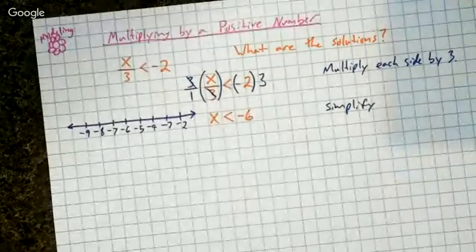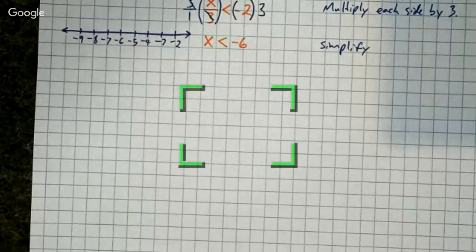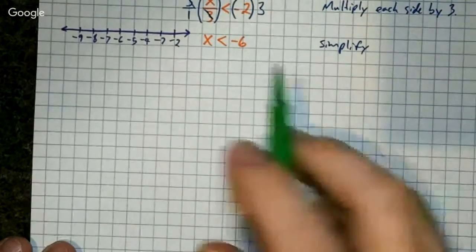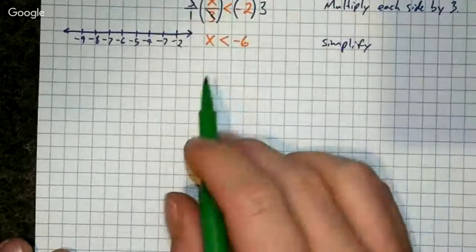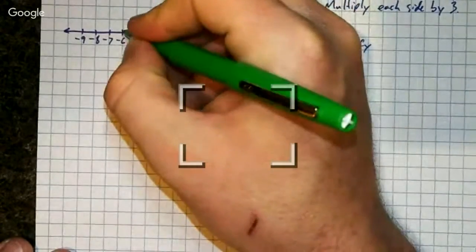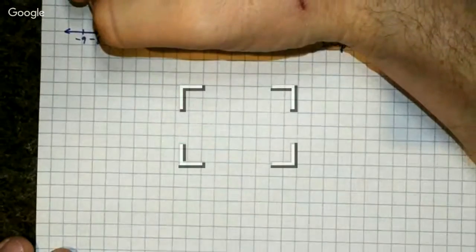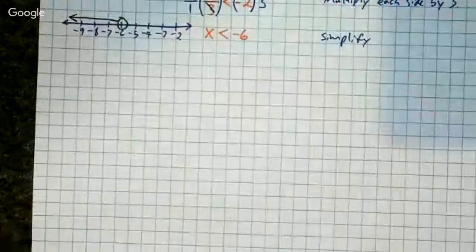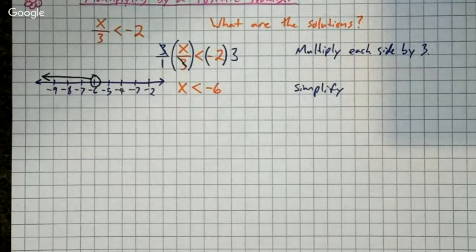Okay, so you just have your little number line right there, and we're saying that all the values that are solutions are going to be less than negative 6. So we know that it's not going to be negative 6. So we're going to have an open circle, and then we're going to be less than negative 6. So there we go. We just graphed our solution right there.